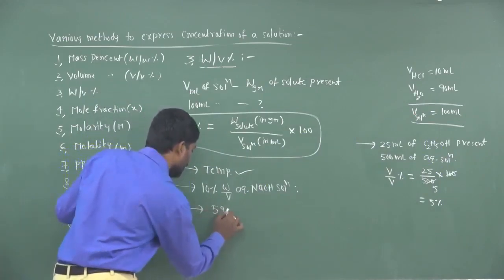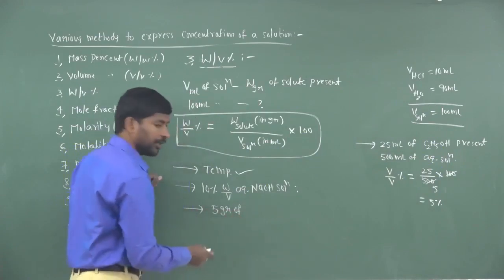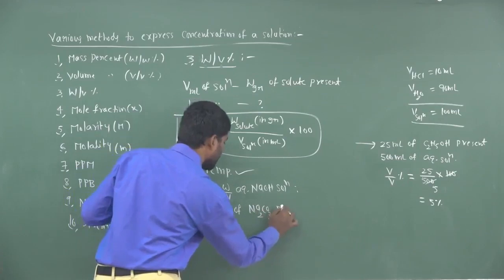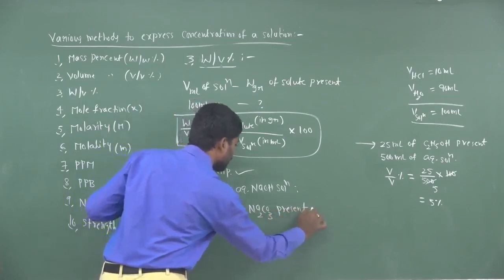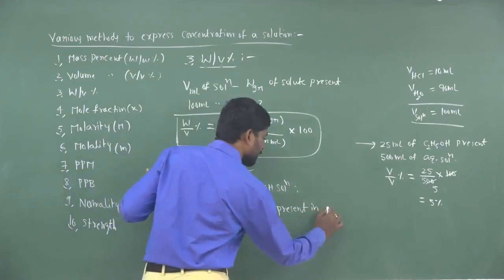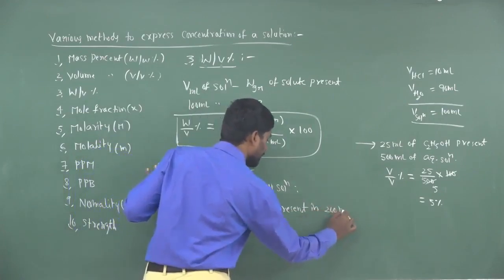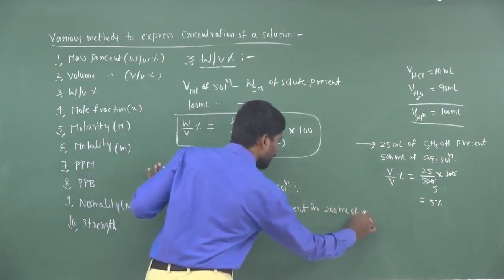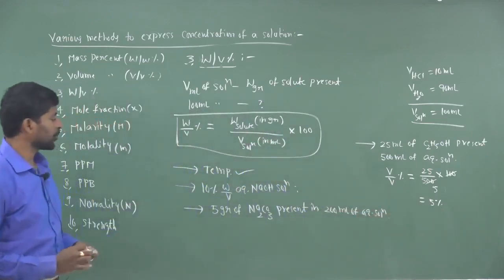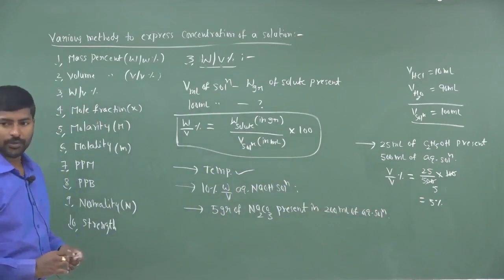For example, 5 grams of Na2CO3 present in 200 ml of aqueous solution.